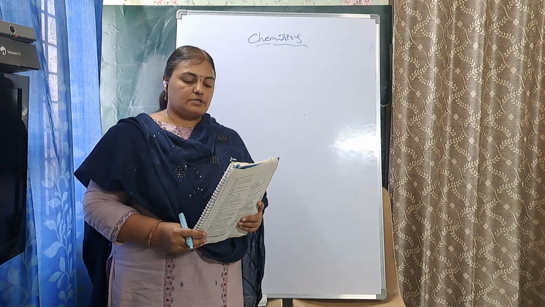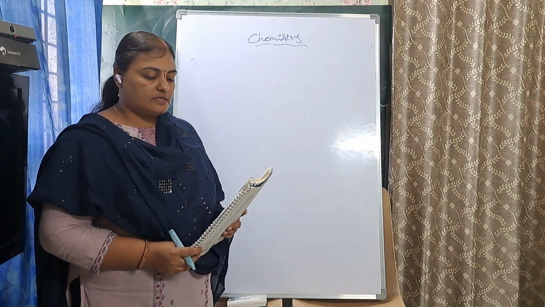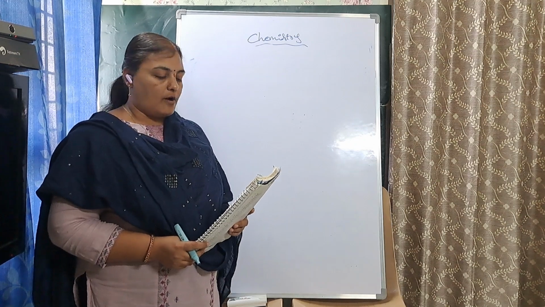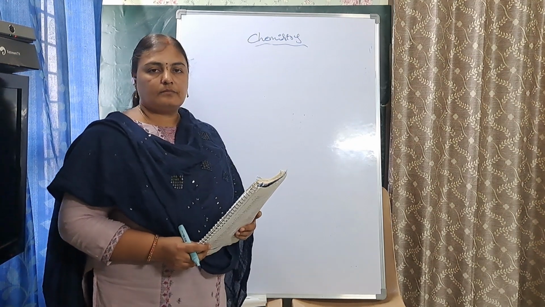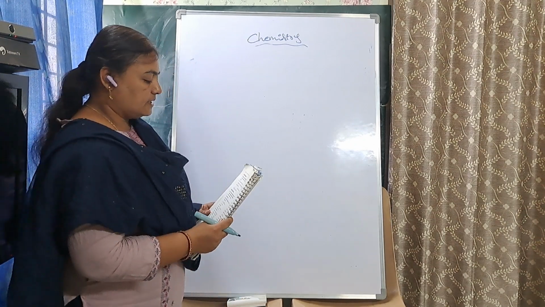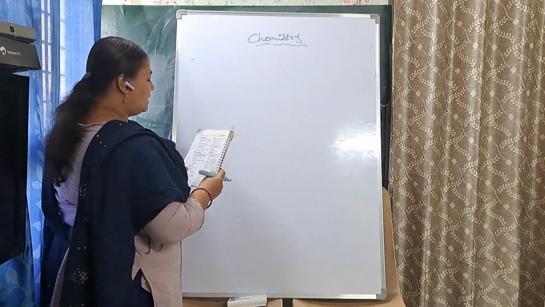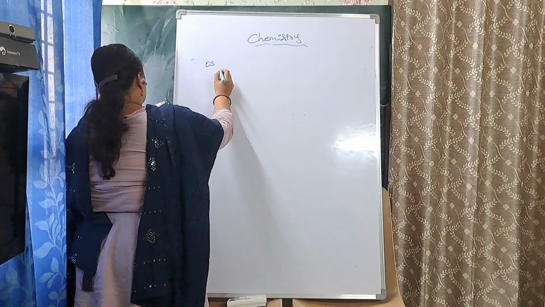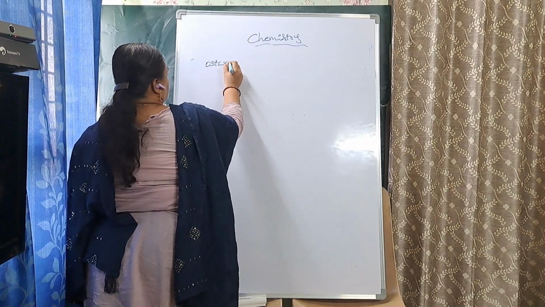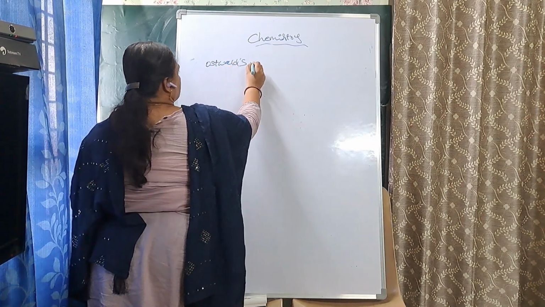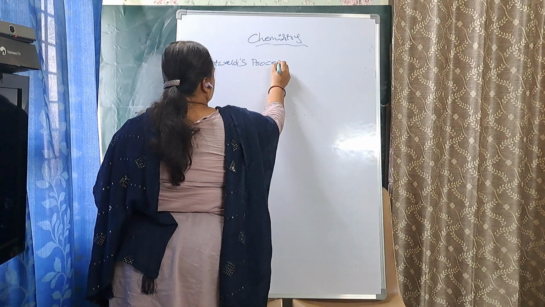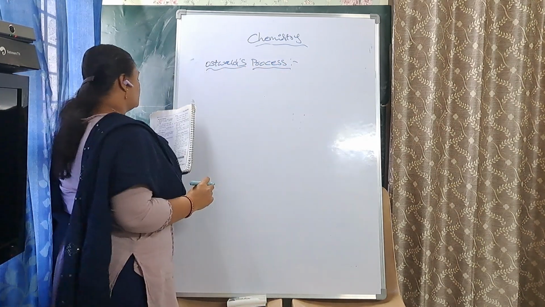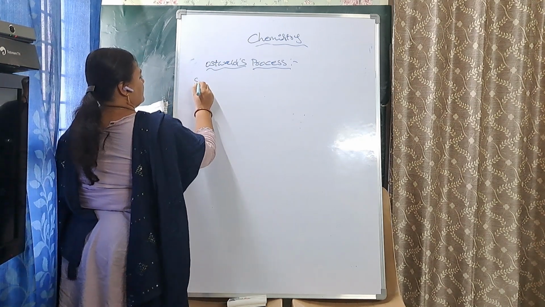Now next long question. How is nitric acid manufactured by Ostwald process? How does it react with the following: copper, zinc and sulfur, phosphorus? Let us see here. First of all, in the Ostwald process, first step 1.